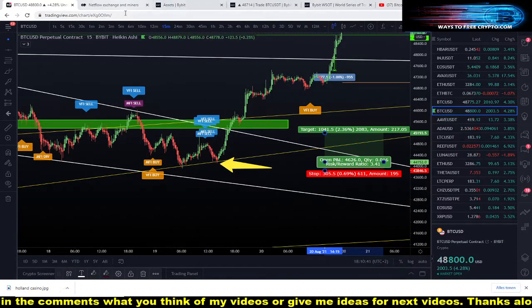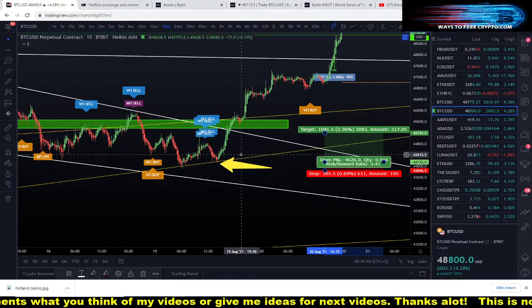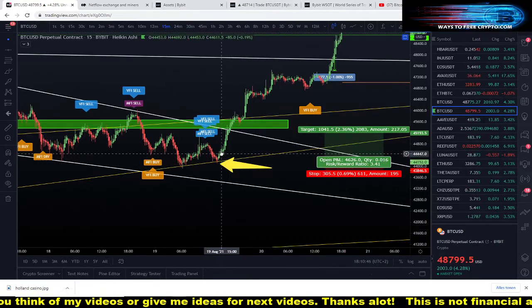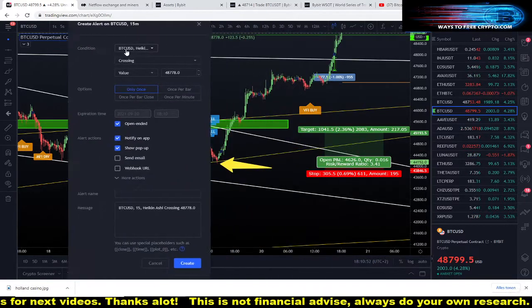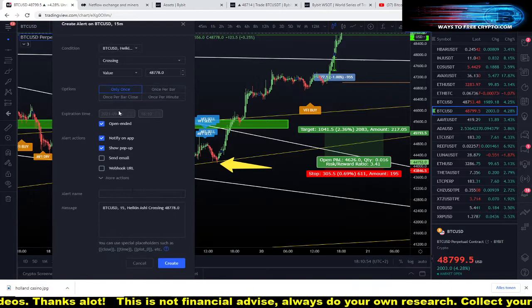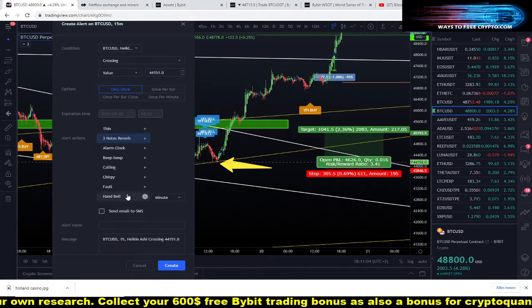And then, once that's triggered, you can put your alarm right here. So if you right click, you can add an alert. So if the value is crossing 44,151, then an alert will go off.